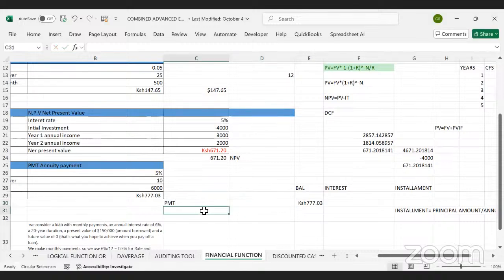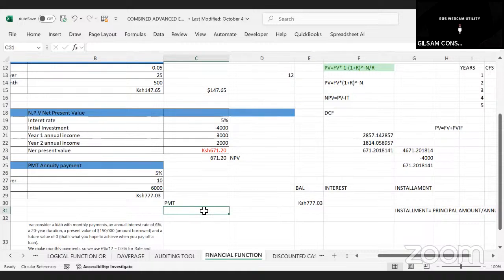Remember in FM, you have been told how to get the installment. You normally take the principal amount, this is the long formula, we take the principal amount and divide by PVIFA. But we are not using PVIFA here, so the best way is to use the formula, which is PMT.